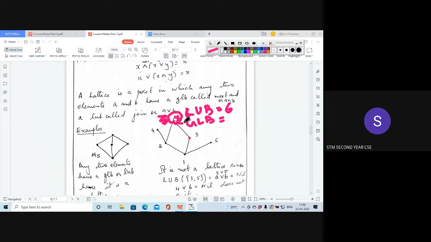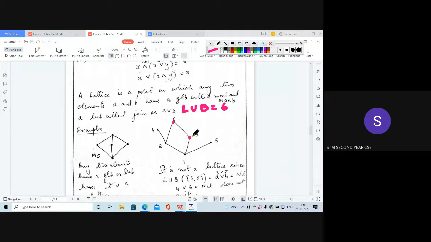So 6 should be taken because we are looking for greater than or equal to for the upper bound. And when we come to the lower bound, we are looking for less than or equal to. So when we consider 6 and 3, the least upper bound is 6, or above 6. Then there are no elements above 6, so the least upper bound is 6.